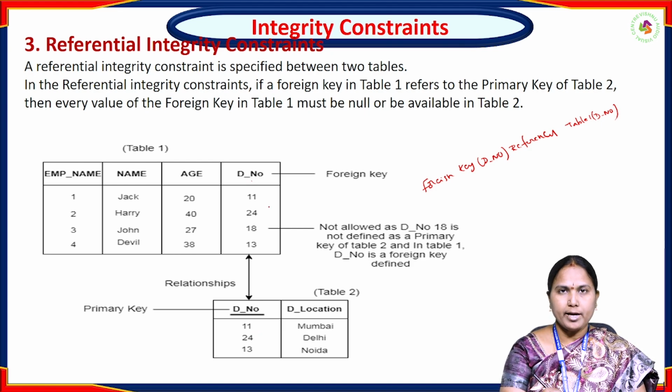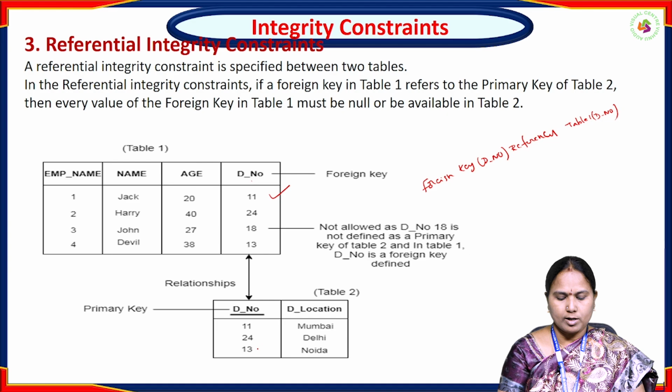Yes, 11 exists. This row is acceptable. Coming to the next one, 24. If I am inserting 24, is this 24 present in the primary table or not? Yes, 24 is there. This row is also acceptable.